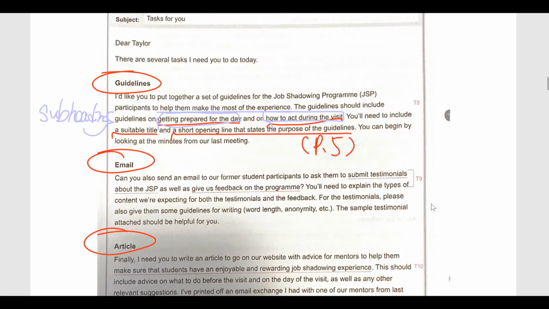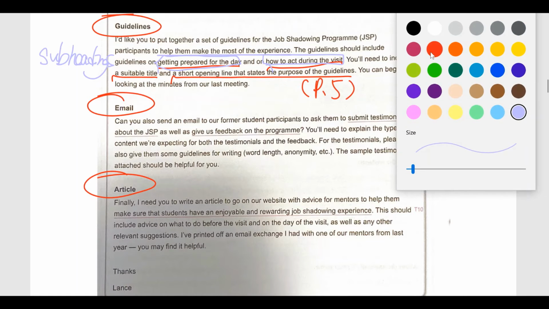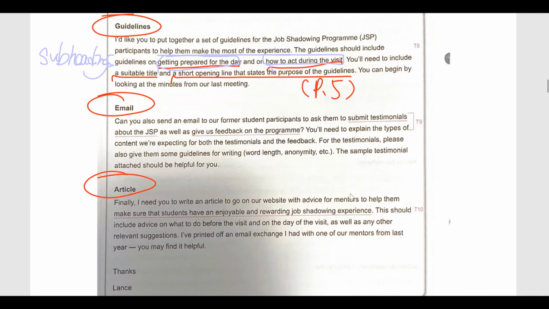Then we can move on to email. Can you also send an email to our former student participants? Send an email to our former student participants to ask them to submit the testimonials about the JSP, which is the job shadowing program, as well as give us feedback on the program.